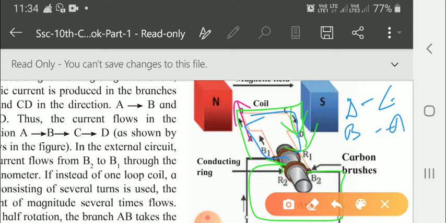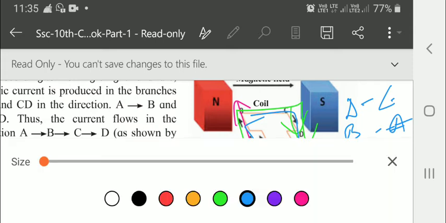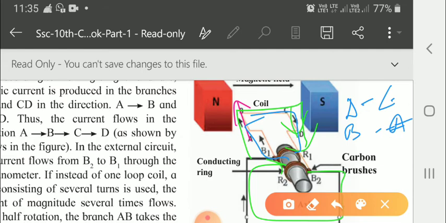It goes this way. So children, here we'll see that the branch BA is always in contact with B1, whilst this other branch is always in contact with B2.